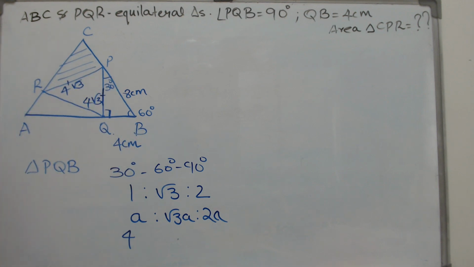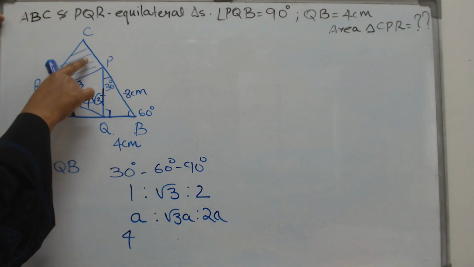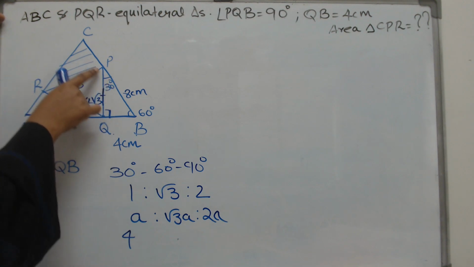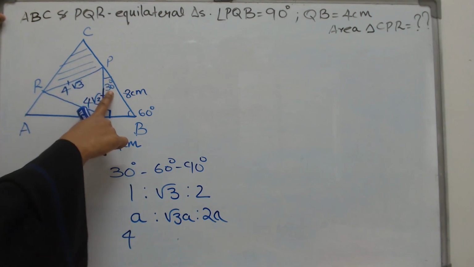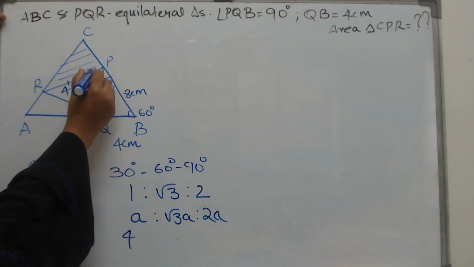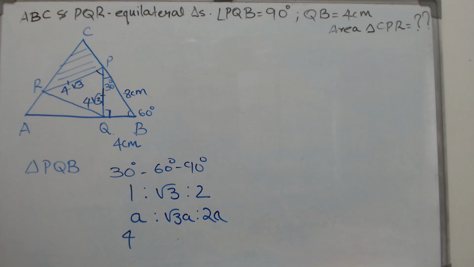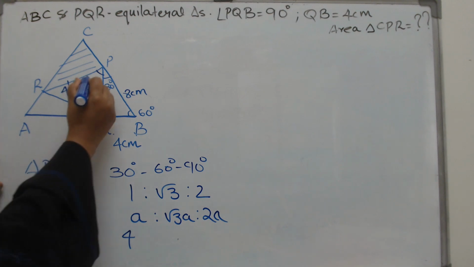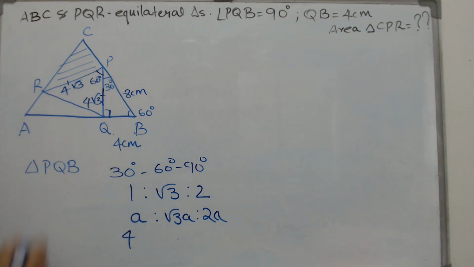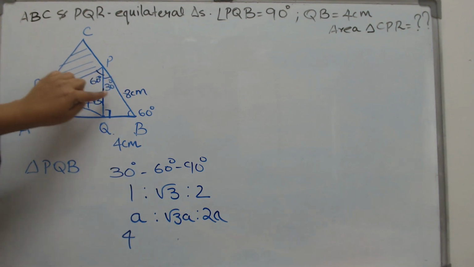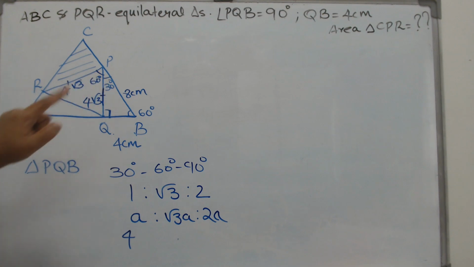It is a straight line, which means we are talking about 180 degrees here. Already we have a 30 degrees. Now what is this angle? We know that PQR is an equilateral triangle. Each angle in an equilateral triangle is 60 degrees. So these three angles together should give you 180 degrees.